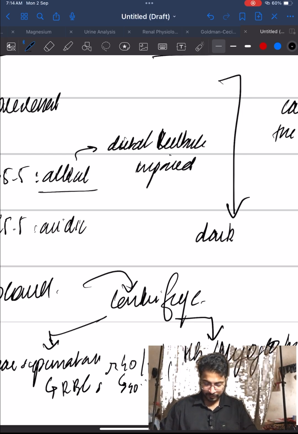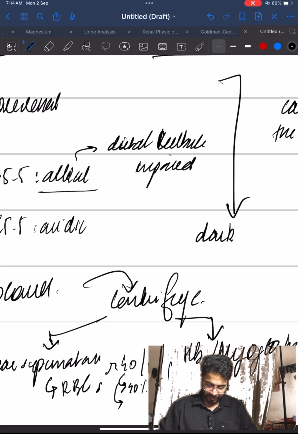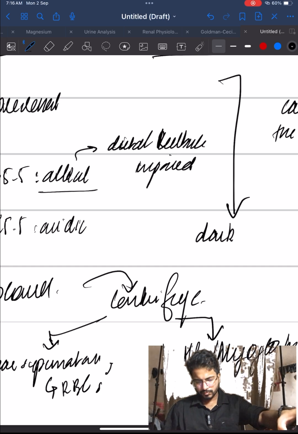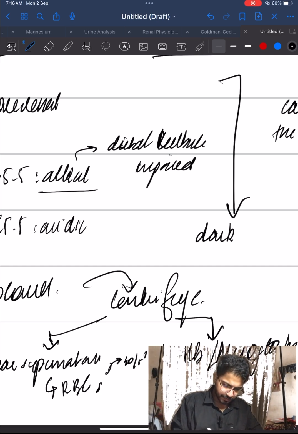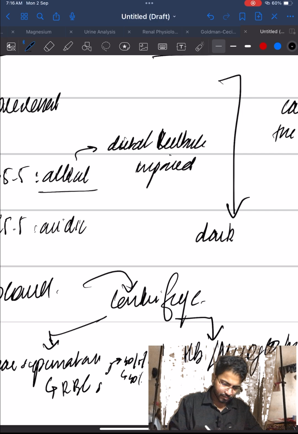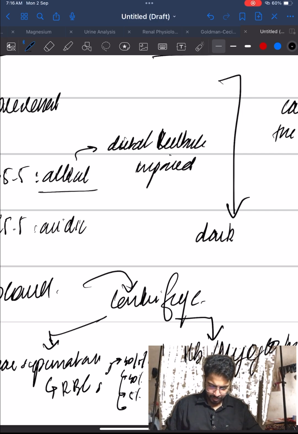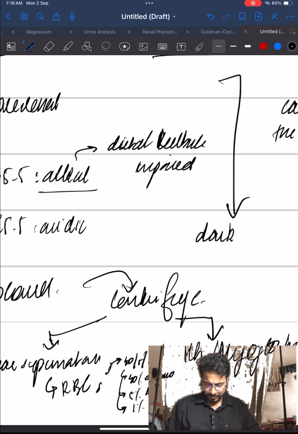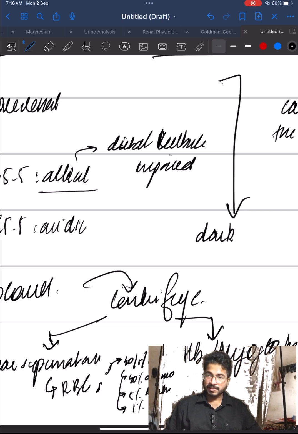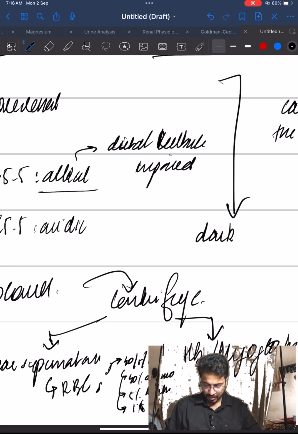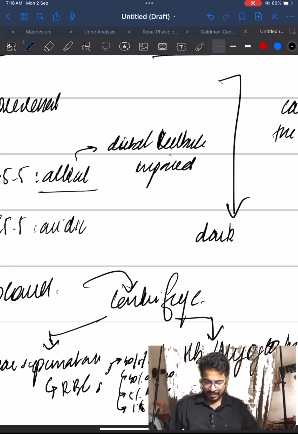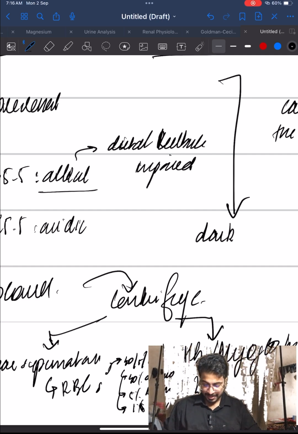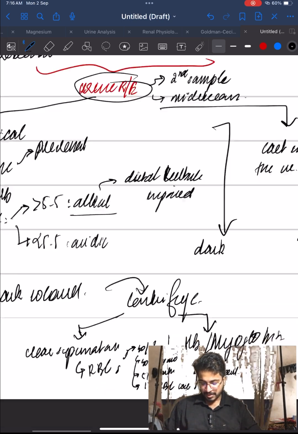In the microscopy, if you're having 40% dysmorphic RBC, 5% acanthocytes, and even one RBC cast, this implies glomerular hematuria.